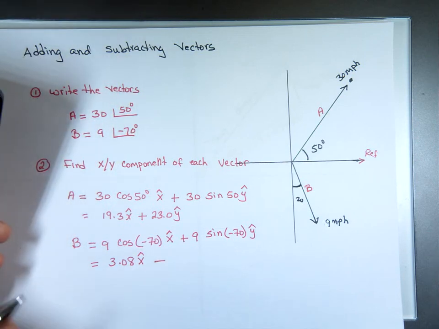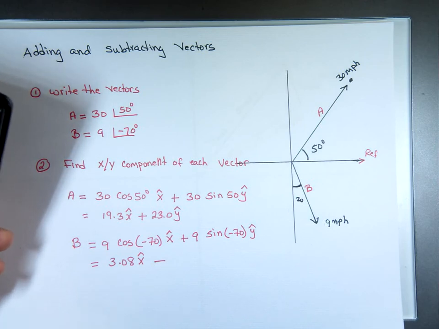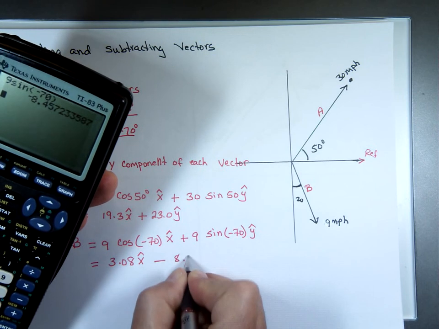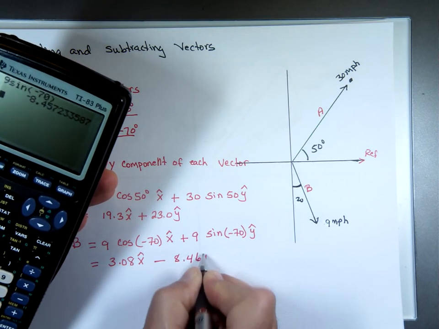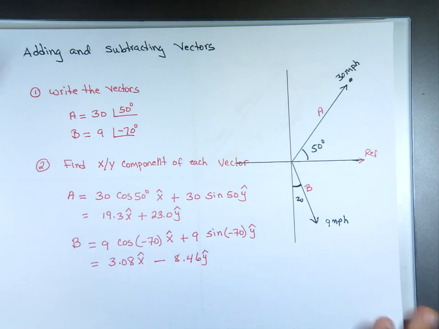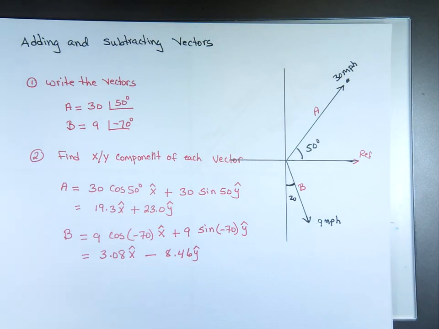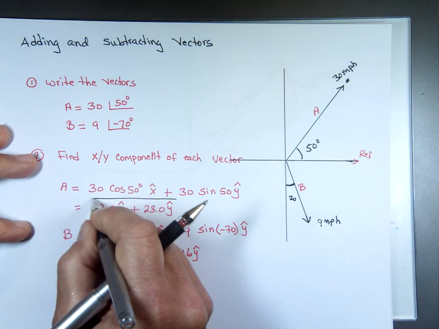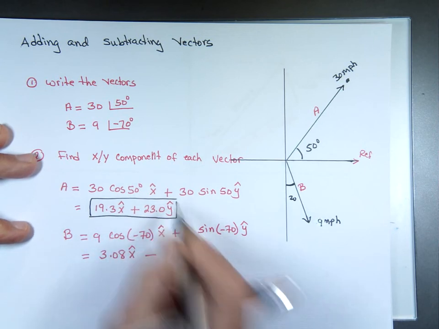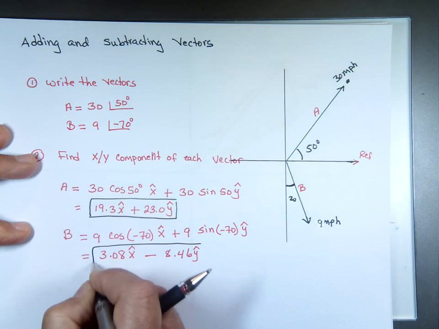This will be a plus number. 9 sine of negative 70 is negative 8.46 in the y direction. Step number 2 is done. So this is the x and y component of the first vector, A, and this is the x and y component for the second vector.